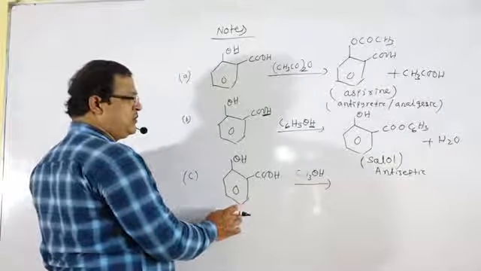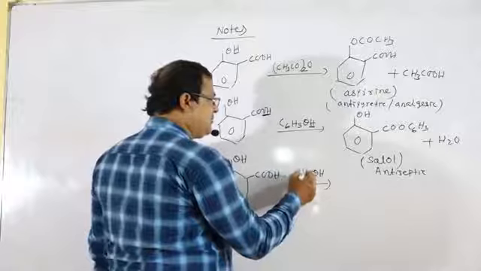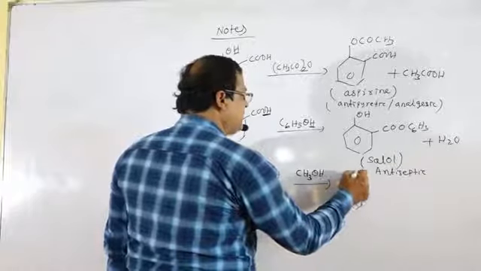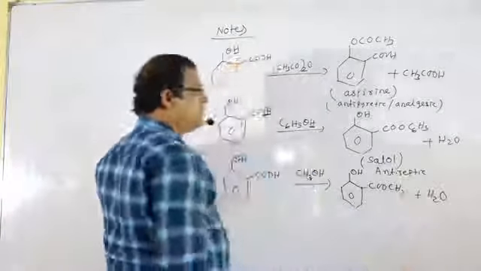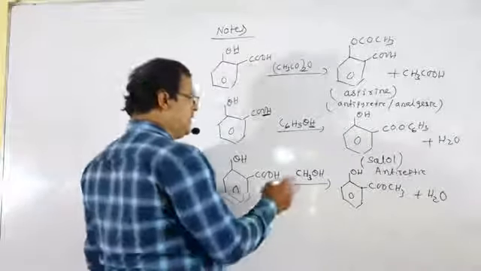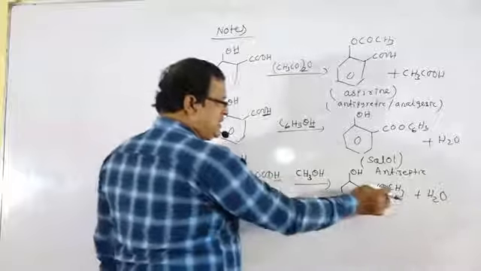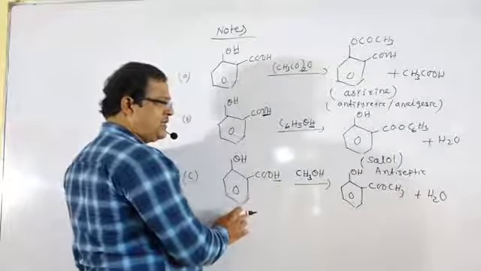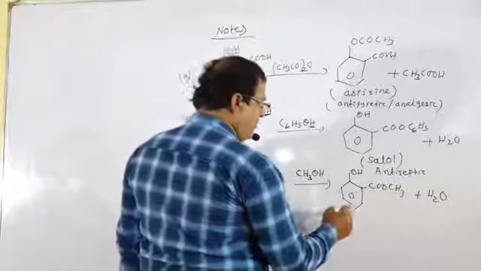Next, phenol is treated with carbon tetrachloride and NaOH at 343 Kelvin, forming ortho-hydroxy acid. Whenever this ortho-hydroxy acid is treated with methyl alcohol, there is the formation of methyl salicylate. This is your ortho-hydroxy acid, salicylic acid, where the H is replaced by CH3.